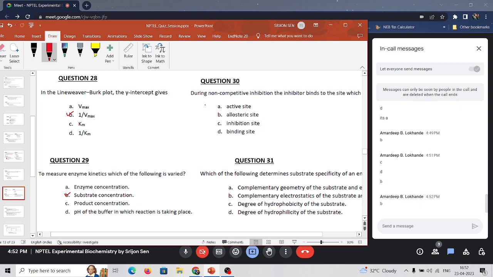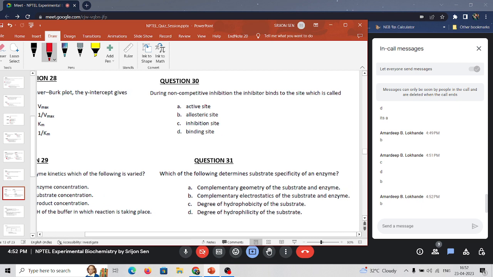Correct. Okay, next. During non-competitive inhibition, the inhibitor binds to the site which is called the. So what does the inhibitor bind? Very good. Allosteric site.